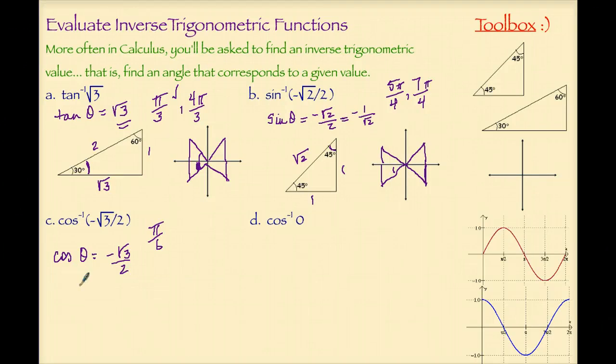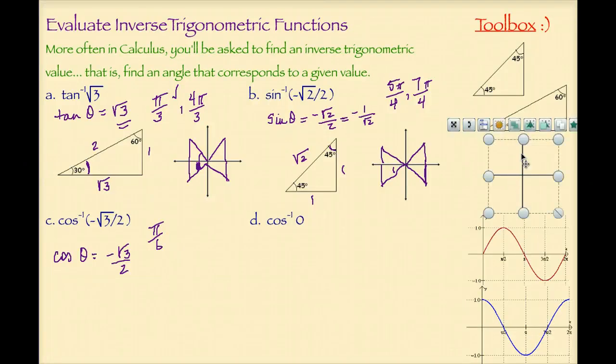Since it's cosine, let's go quickly to the cosine graph and see in which quadrants it's negative. The first quadrant from 0 to pi over 2, cosine is positive. The second quadrant from pi over 2 to pi, negative. From pi to 3 pi over 2, negative. And then in the fourth quadrant, positive. Since we have a negative value, we need the pi over 6 reference angle in the second quadrant and in the third quadrant. What are those values?